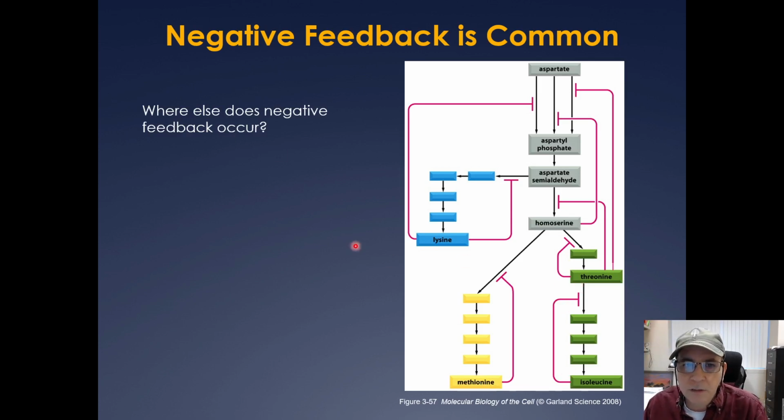And so I have a question here, if you can think of any places where negative feedback occurs, and we'll see this throughout the course of the term. It occurs not only in biochemical processes, but in the cell cycle and in transcriptional regulation. There's a whole host of events that rely on negative feedback for control.